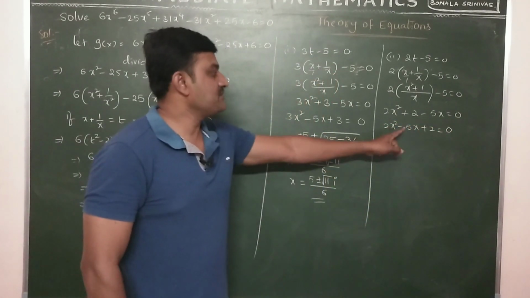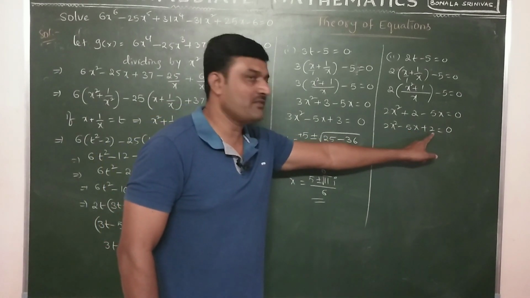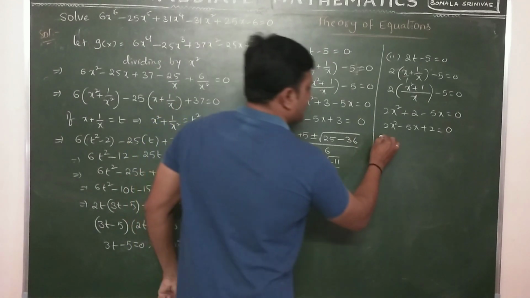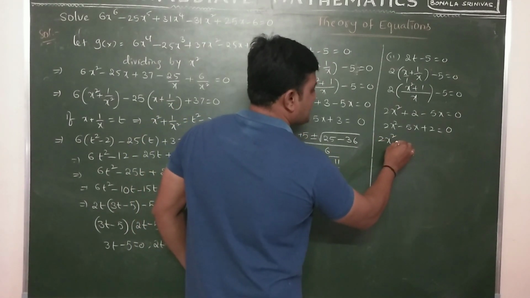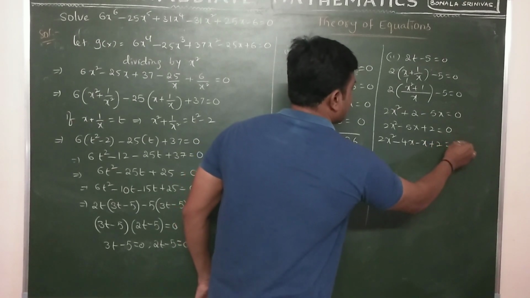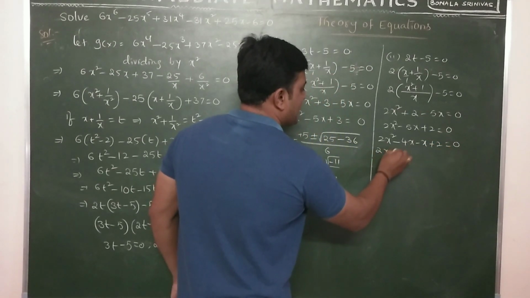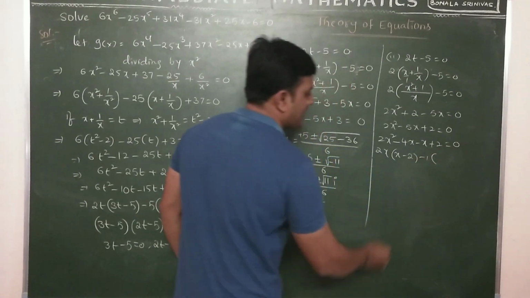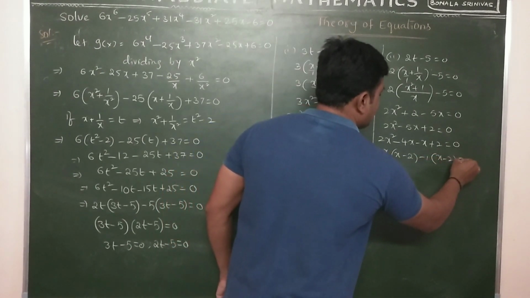Yes, splitting is possible. 2 twos are 4, 4 ones are 4, 4 plus 1 is 5. Now you can write 2x square minus 4x minus x plus 2 equals 0. Then 2x is common, x minus 2, minus 1 common, x minus 2 equals 0.